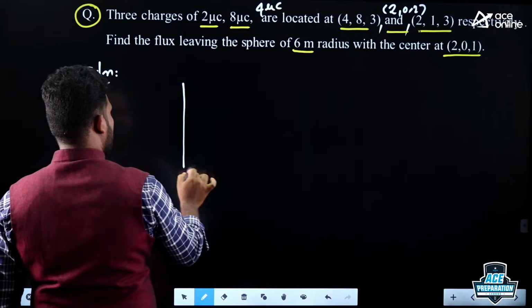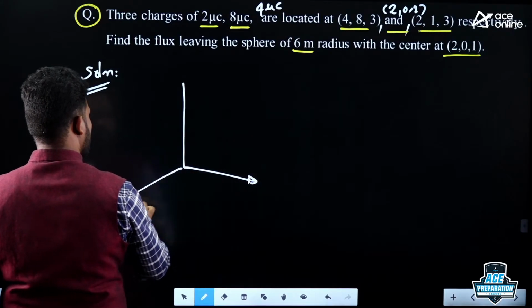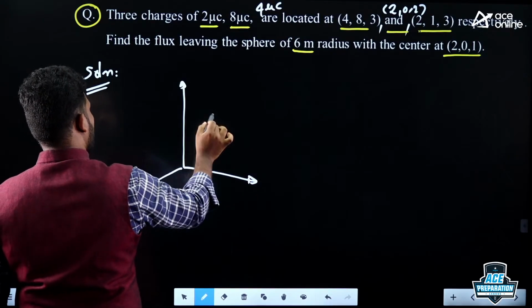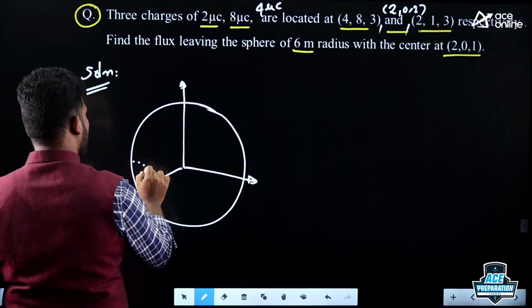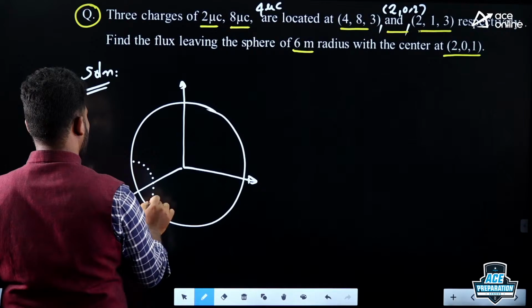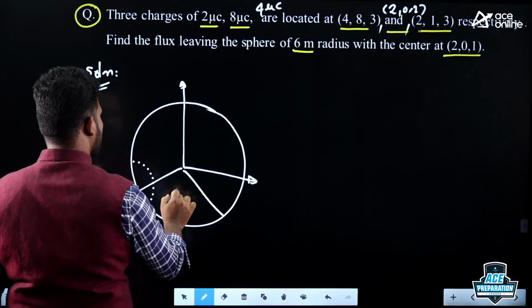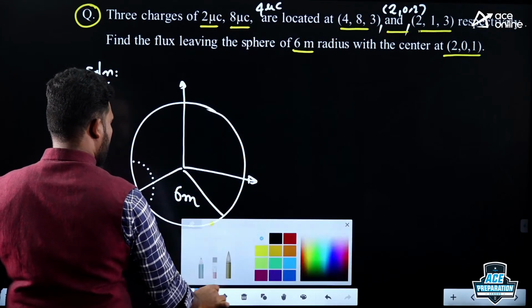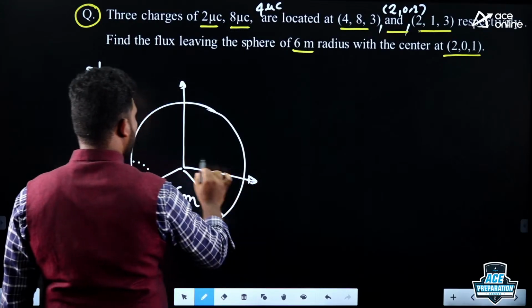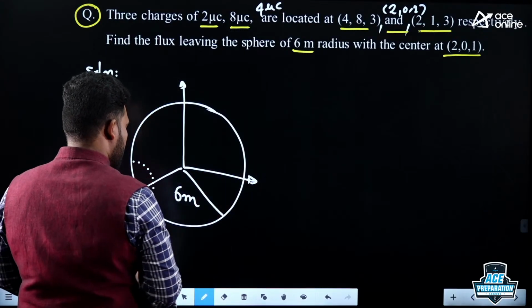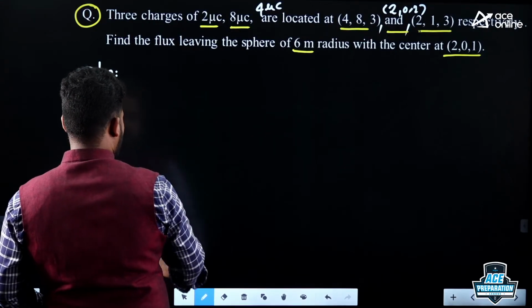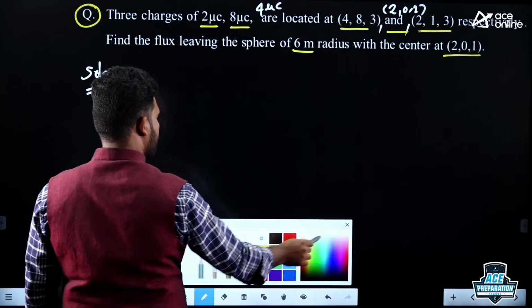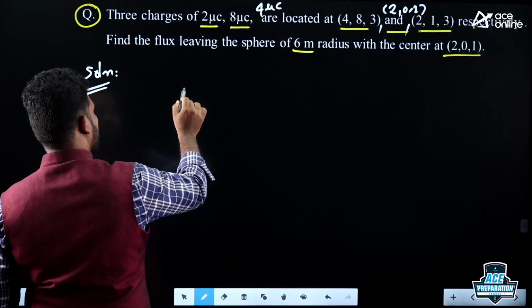Here is a coordinate system. Here is a sphere, and this has a radius of 6 meters. And there are 3 charges here. Where they are located, I do not know. Sorry, the sphere is not at the center.